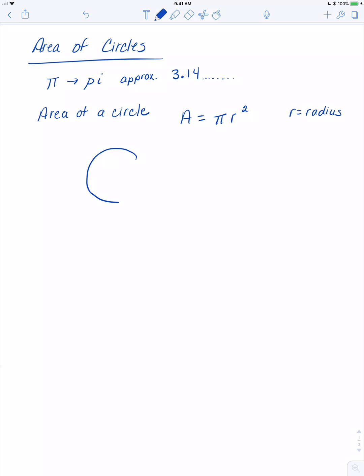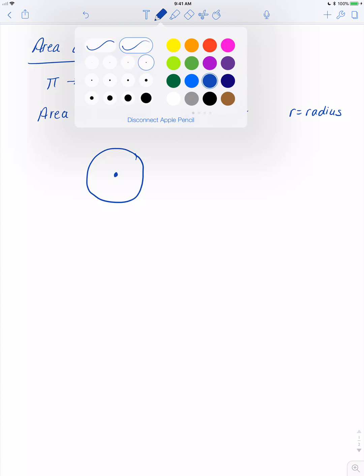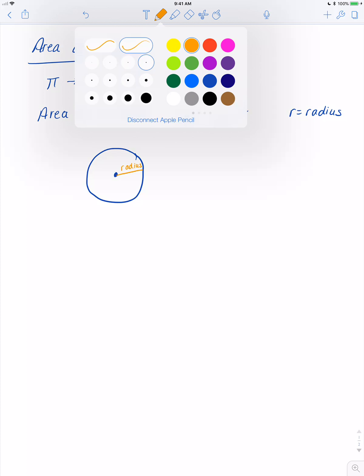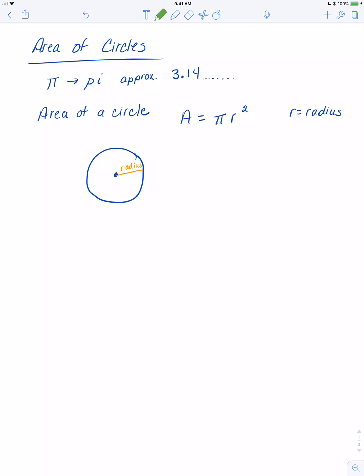Okay, so let's try to draw a circle here. The center of a circle is usually marked like that. And the radius is from the center to the outside edge. So this is the radius. Now that is different from the line that goes all the way across it.